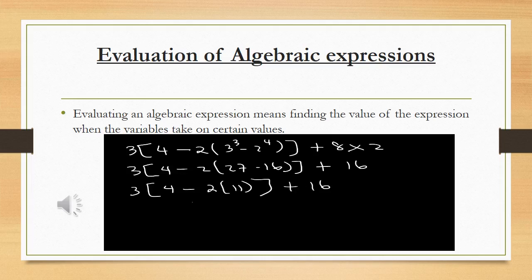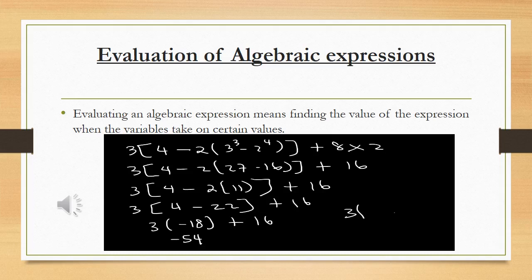Next, we have 11 times 2, which is 22. And then we have 4 minus 22, which is negative 18. And 3 times negative 18, that's negative 54.